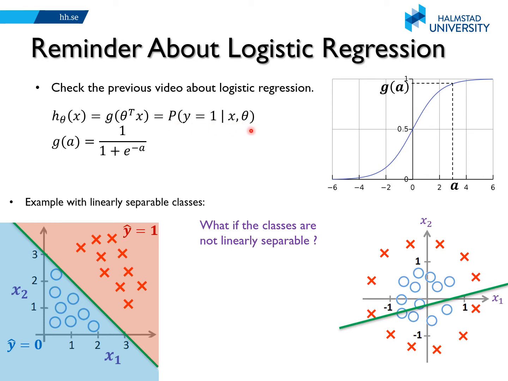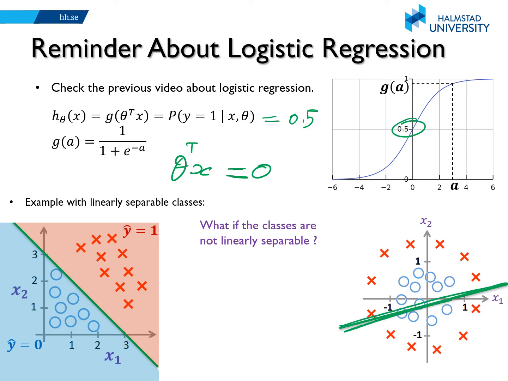So the decision boundary is where this predicted probability is equal to 0.5, and it is equal to 0.5 when theta transpose x is equal to 0. So theta transpose x equals 0 is our decision boundary.